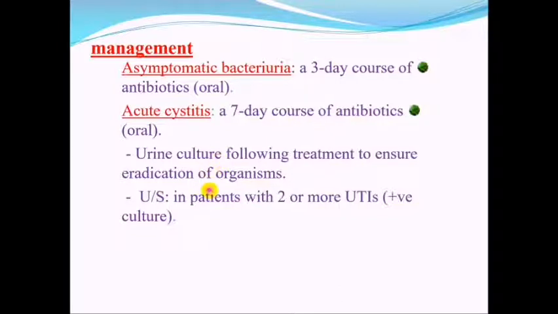And ultrasound may be indicated in those patients who have 2 or more attacks of urinary tract infection or a positive urine culture, because the idea of using ultrasound is to detect any risk factor for recurrent urinary tract infection like congenital malformation of the renal system or renal stone and so on.